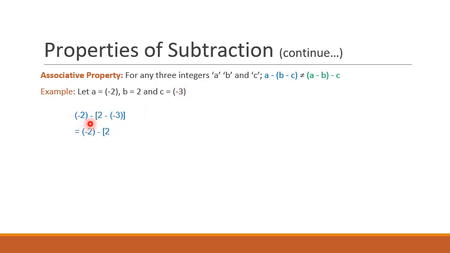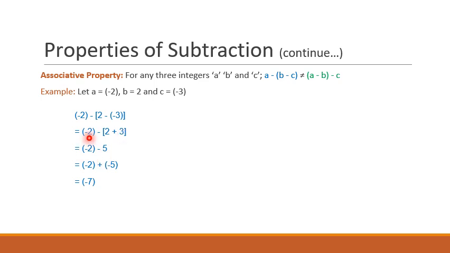Minus 2 minus, in brackets I'll write the two remaining integers, 2 minus minus 3. Whenever we have a bracket, we first subtract these two. So when we subtract here, minus minus coming together will become plus. So this becomes 2 plus 3. That will give me a 5.